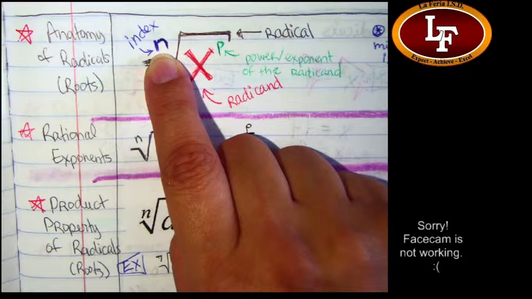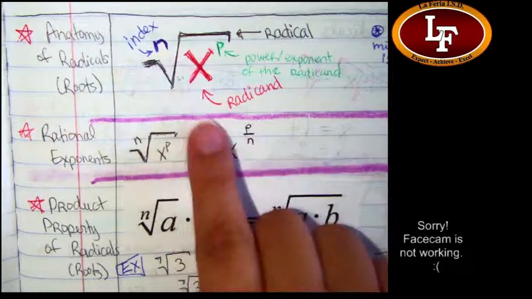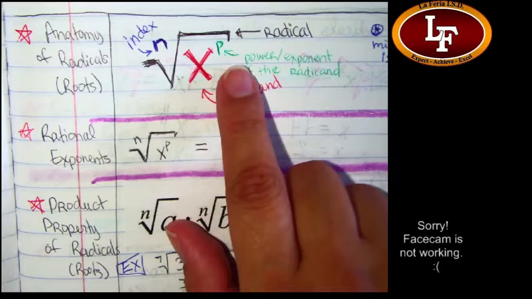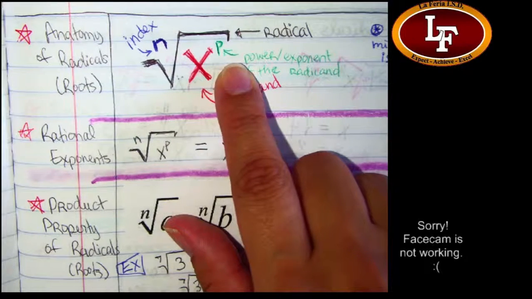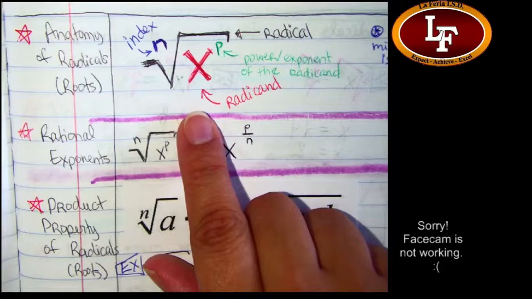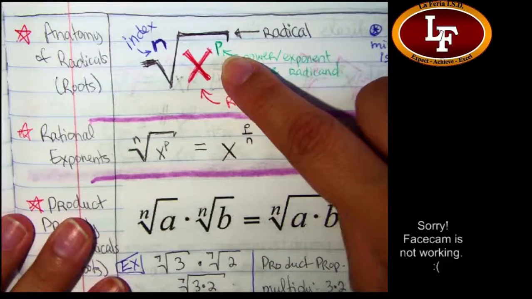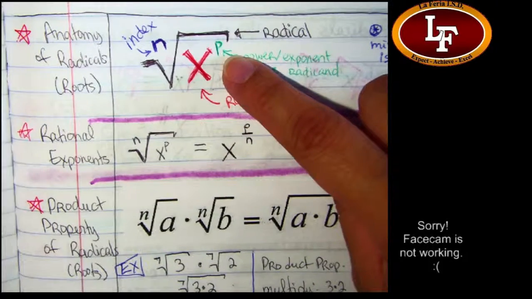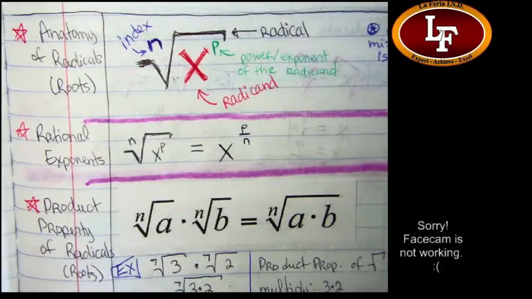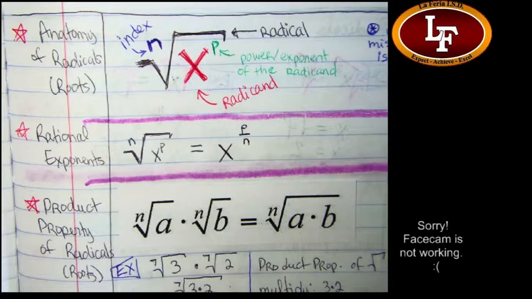If you don't see a number there, assume it's a 2, which is why we call this thing a square root. It's called the index. The thing inside, regardless if there's an actual exponent or power involved, is called a radicand. And there's the radicand's power if there's one shown. So far, so good? Did that help? Feeling a little better?